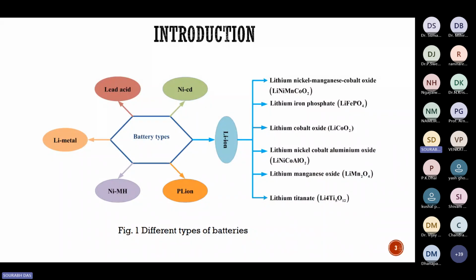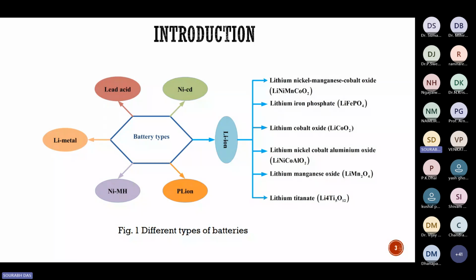And then lithium cobalt oxide has also high energy density but limited cycle life. It has less than 1,000 cycle lifespan, but it has stability, so that's why it is used in smartphones basically.